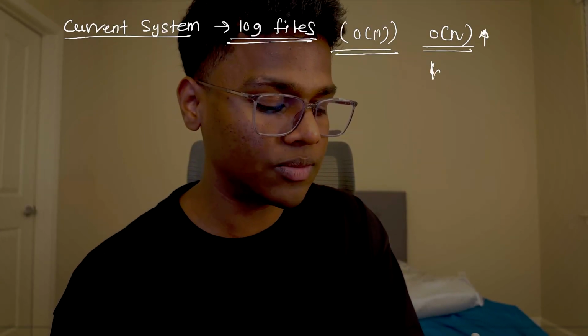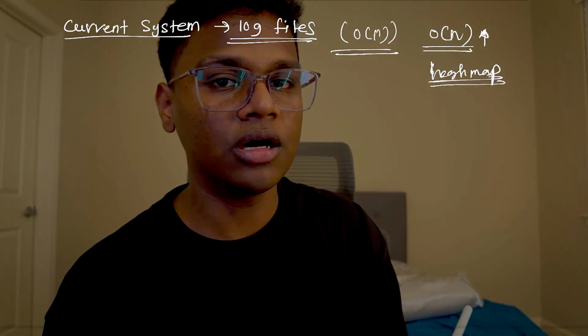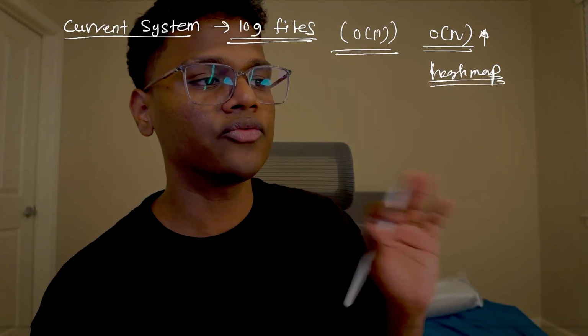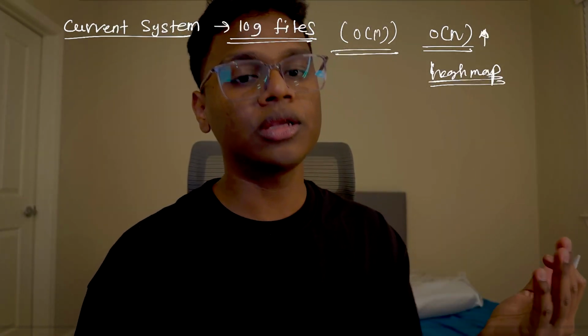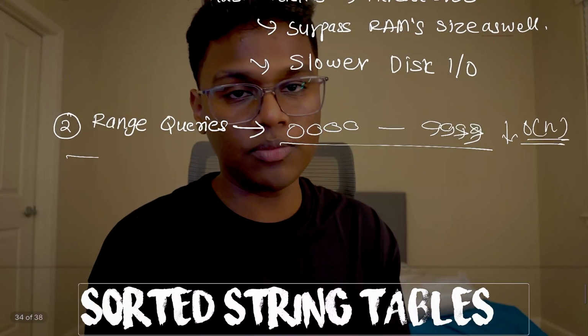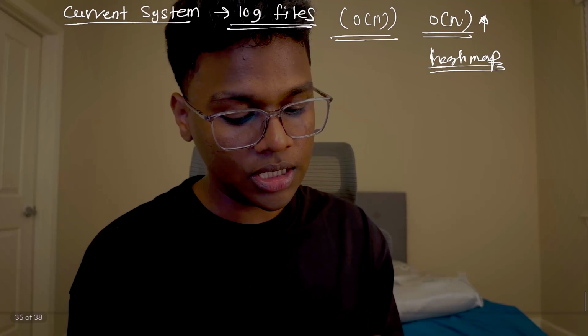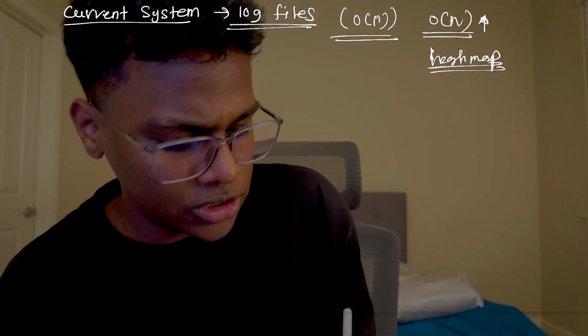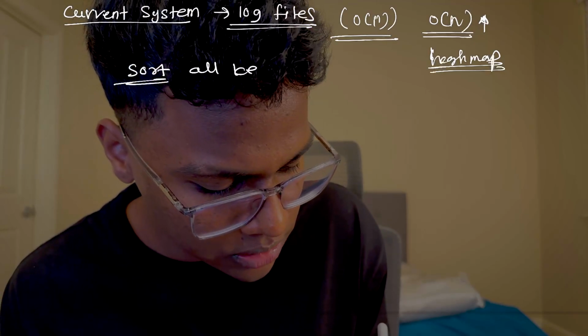Even if it's a hash map, we are getting to the file, but through the file we are going O(n), right? And we have this range query problem here with us. So to solve it, why can't we just sort all of the keys in the file?